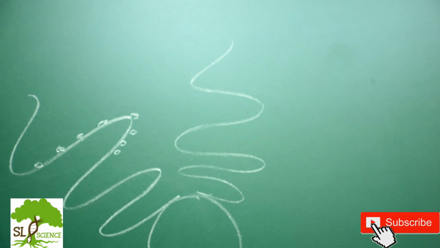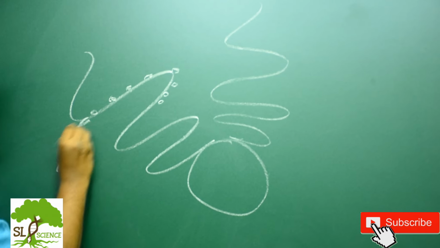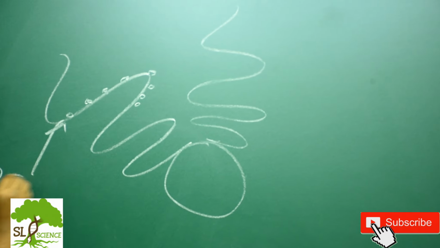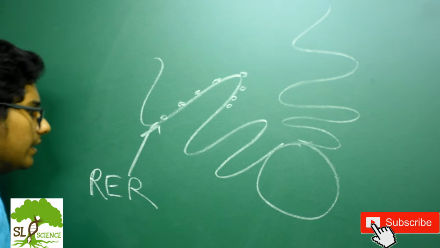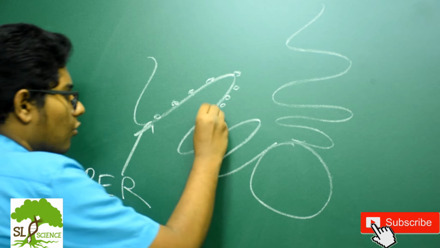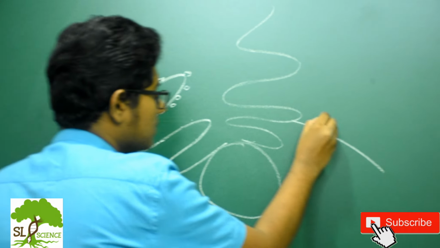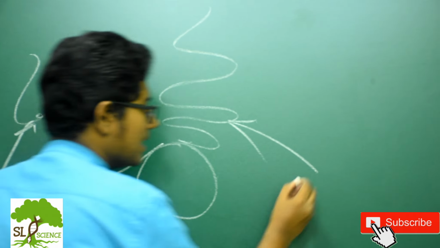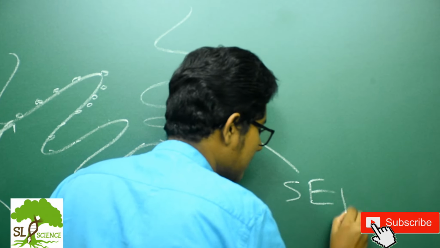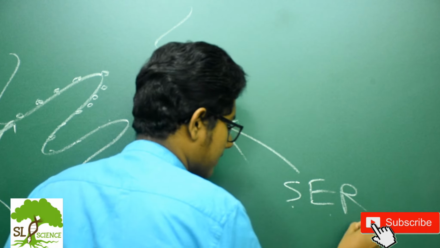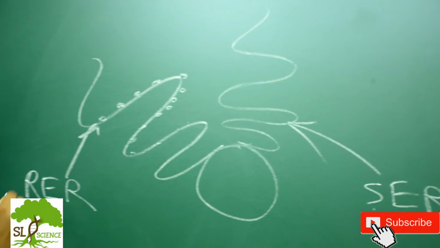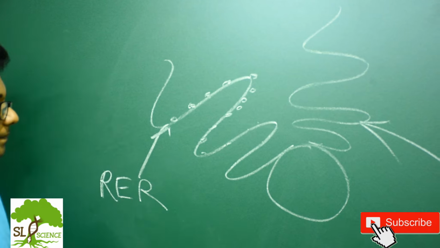if there are ribosomes, we call this the RER. If there are no ribosomes, we call this the SER, that means the smooth endoplasmic reticulum. This means the rough endoplasmic reticulum.